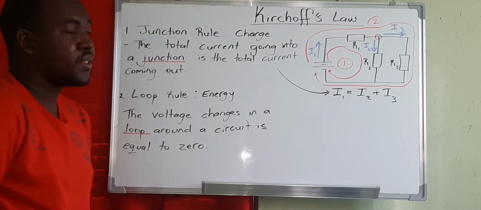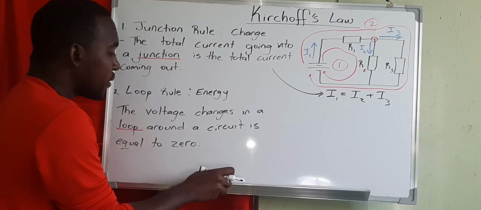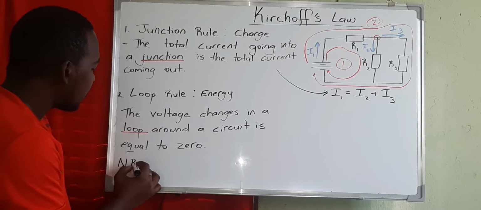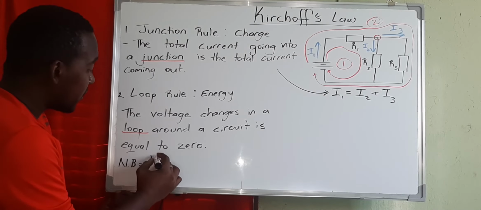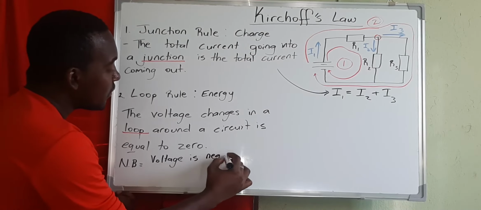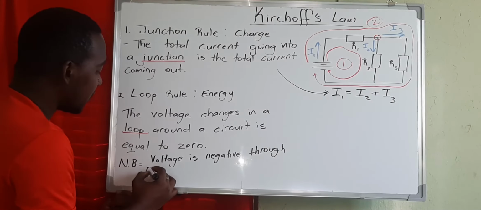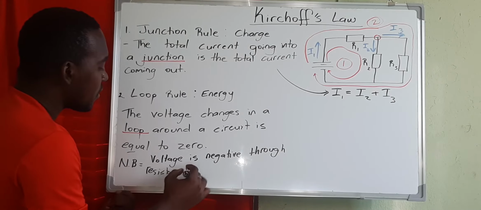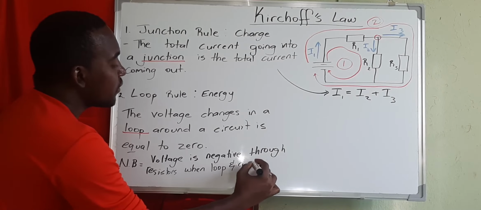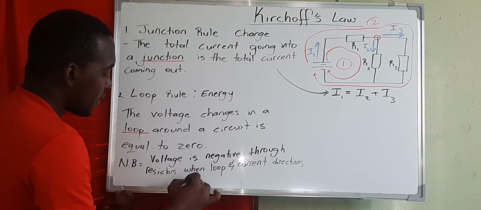Now let's generate an equation for our loop. But before we look at the loop, we need to note that the voltage is negative through resistors when the loop and current directions are the same.